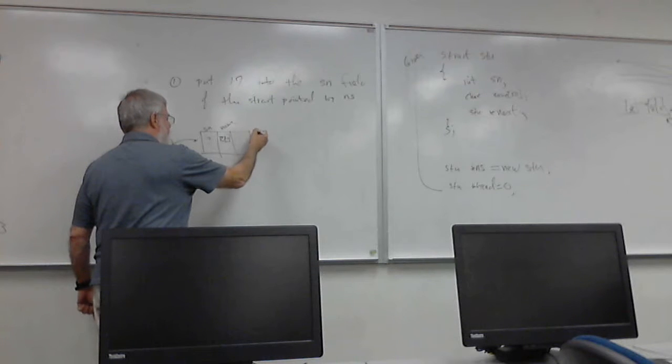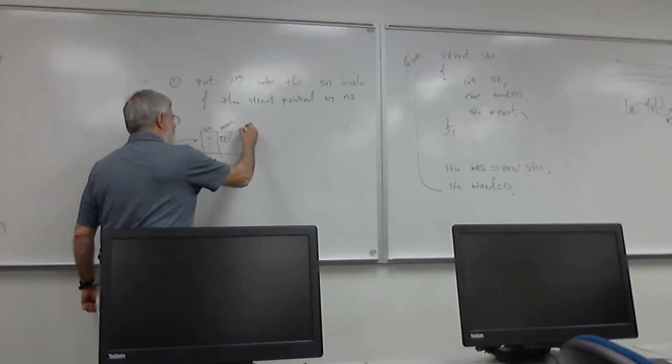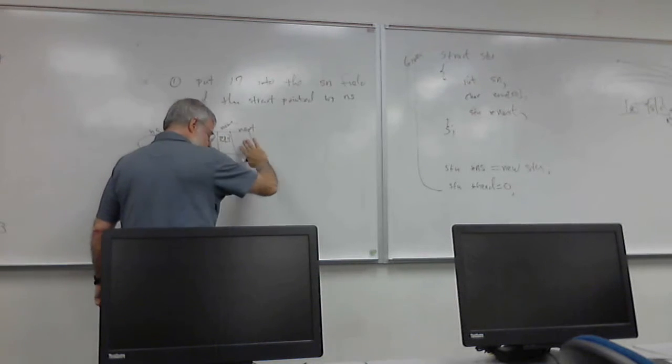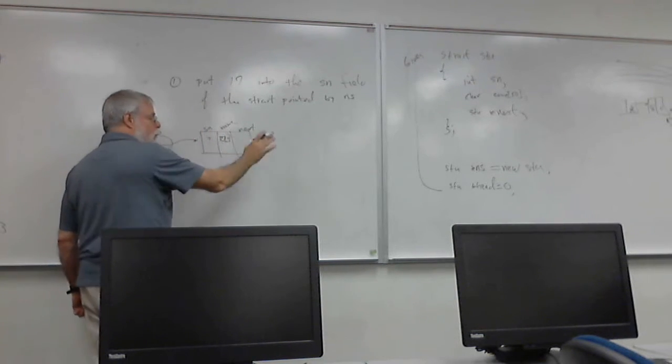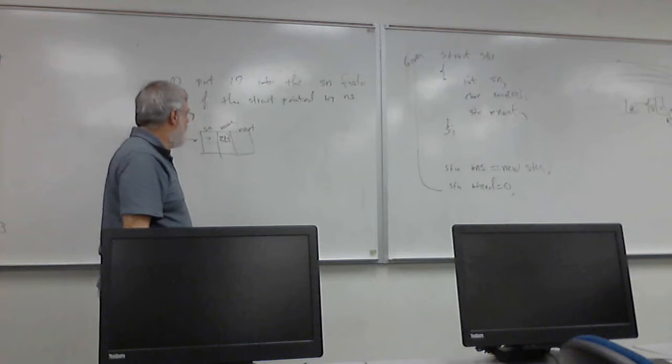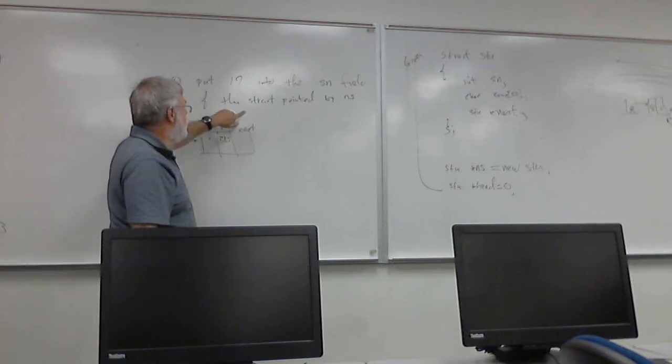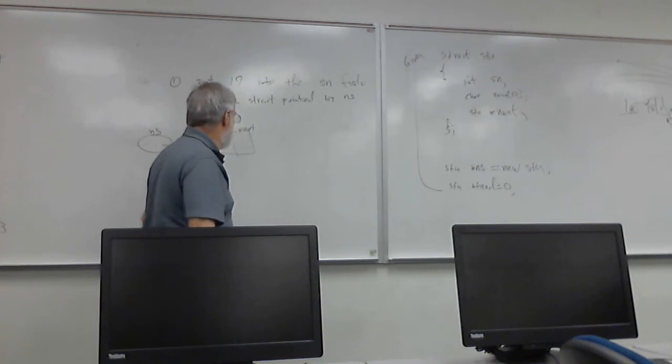And then we have the next. What's inside of there? Well, there's some bits there, so you can treat those bits like an address. It points somewhere. Okay, you're supposed to put 17 into the SN field of the struct pointed to by NS.